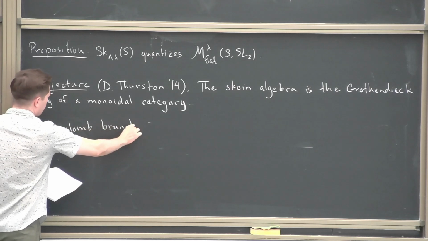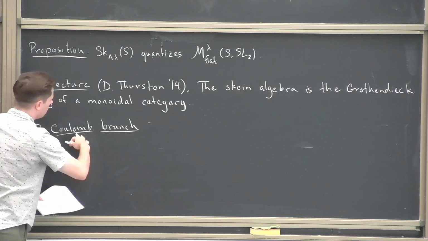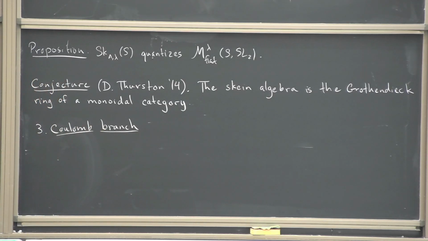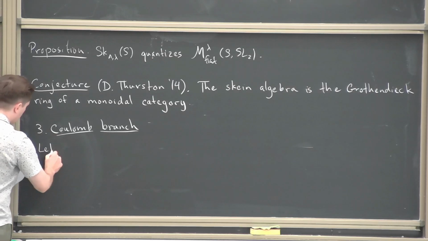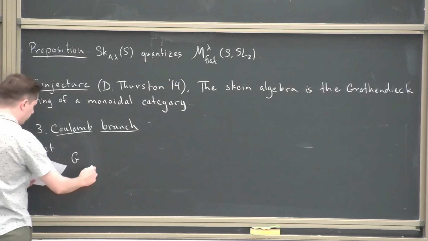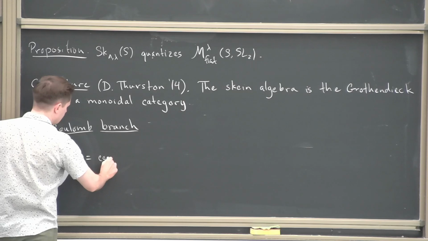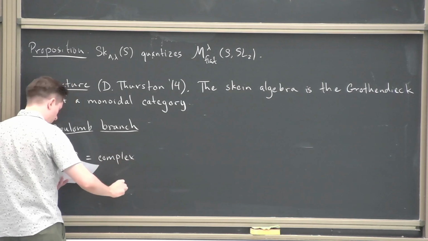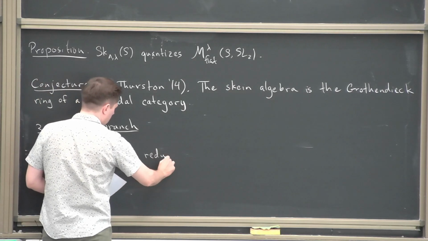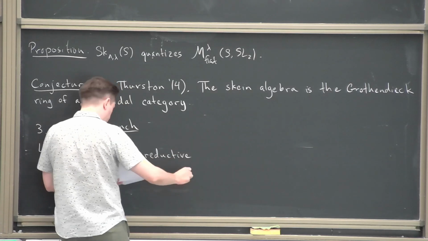So this is something that first appeared in physics, but more recently there's been mathematical work on this topic by Braverman, Finkelberg, and Nakajima, giving a precise definition of this. So the data that we'll start with to talk about Coulomb branches is a group G, let's say this is a complex reductive algebraic group.